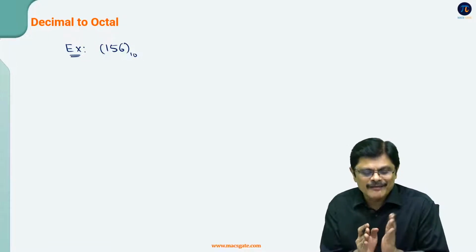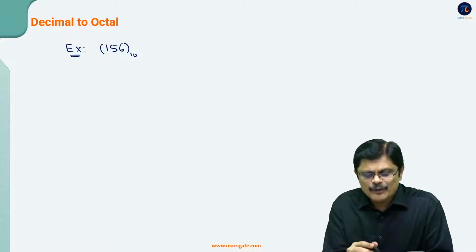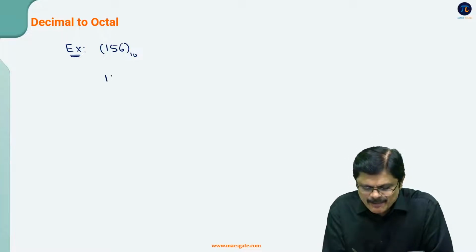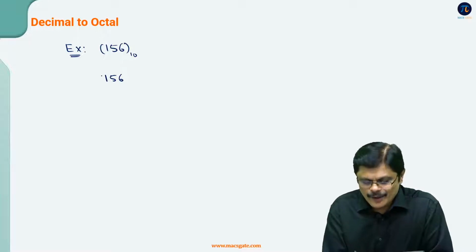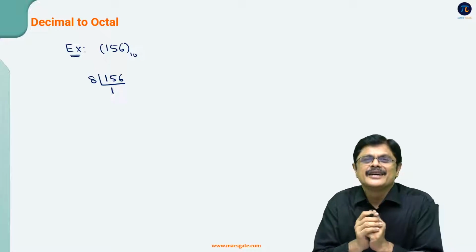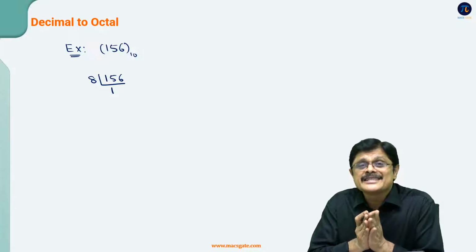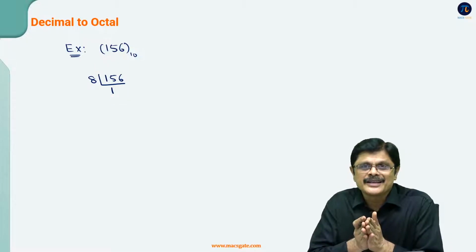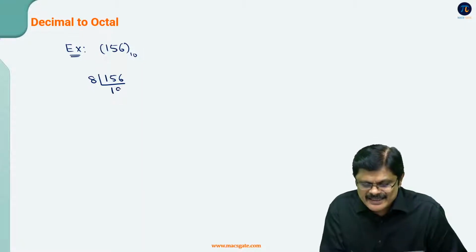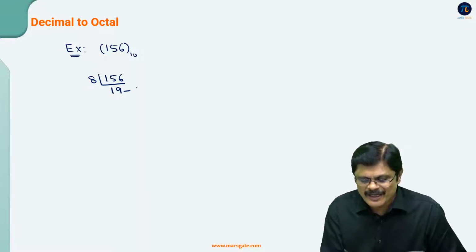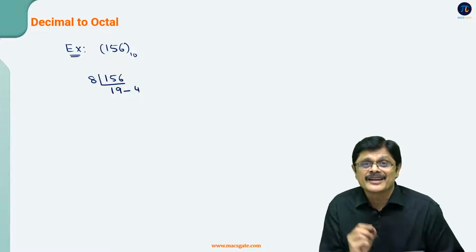Now, I want to convert from decimal to octal. Simply take the number and start dividing by 8. 8 ones 8. Now, 15 minus 8 is 7, 6 you are going to get, 8 nines 72. So, remainder is 4.